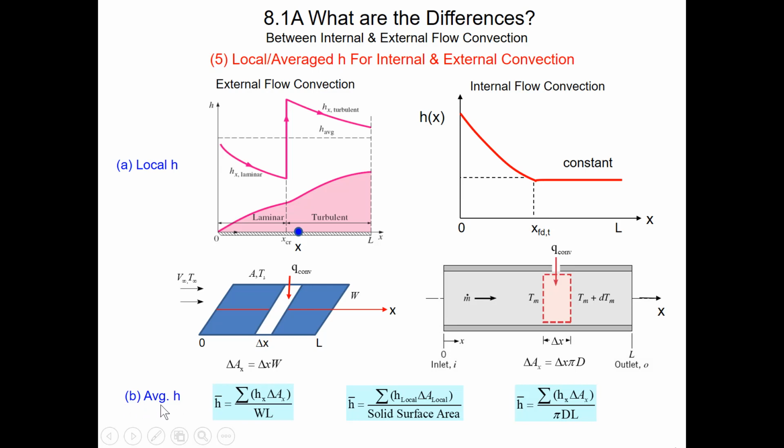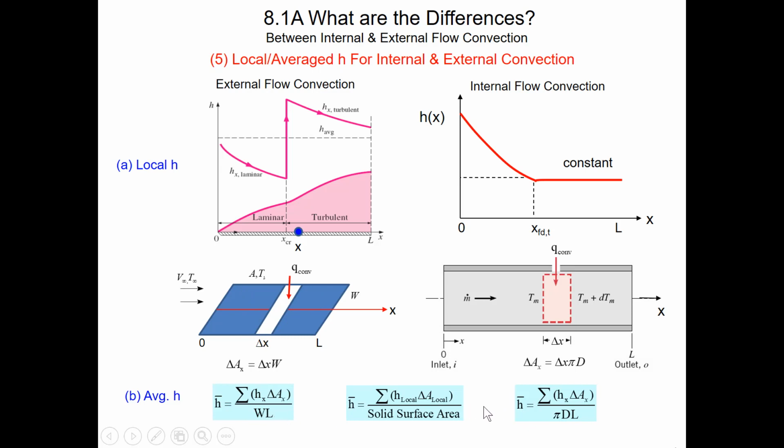B. The averaged heat transfer coefficient h bar for external flow convection over a slender body is defined as the summation of local heat transfer coefficient times the local small area divided by the slender body surface area WL.